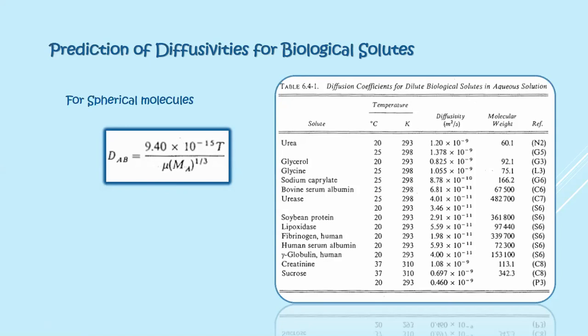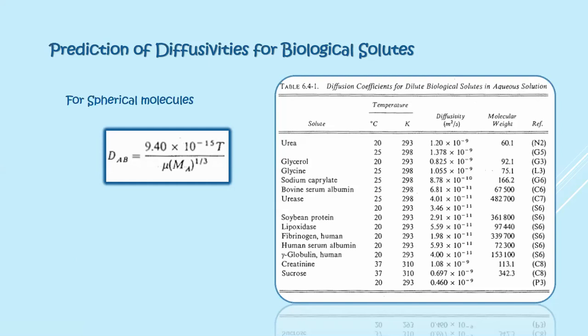diffusivities of biological solutes? If you are a chemical engineer, your world is not only limited to physical processes that have nothing to do with biology or anything that is living. For example, fermentation is a biological system. So there are diffusion paths that happen in your fermentation system.